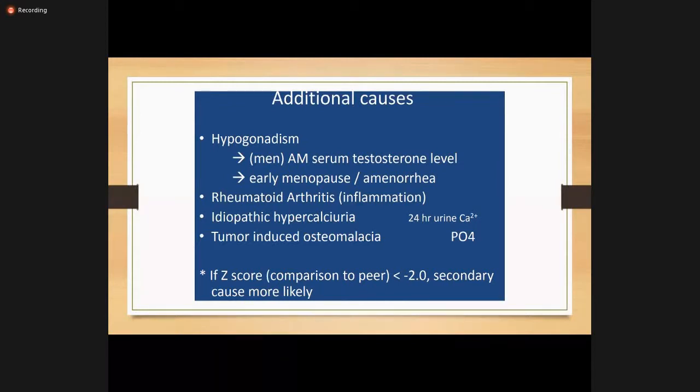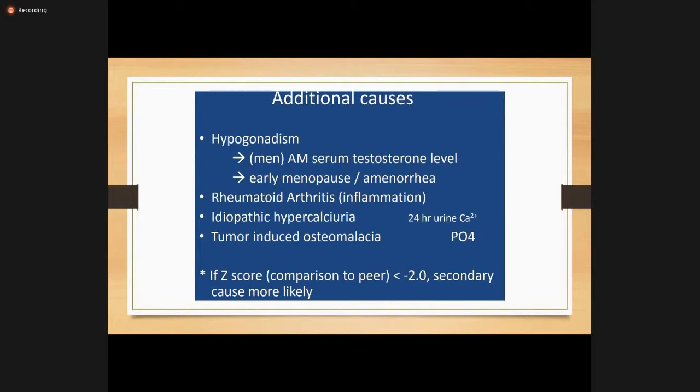But if this osteoporosis occurs in a younger age group, then we need to think of some secondary causes of osteoporosis, like hypogonadism and rheumatoid arthritis. As we had said, inflammation leads to the release of inflammatory cytokines, which decrease osteoblastic activity, decrease bone formation, cause more bone resorption, and the net result will be osteoporosis. These are the secondary causes.